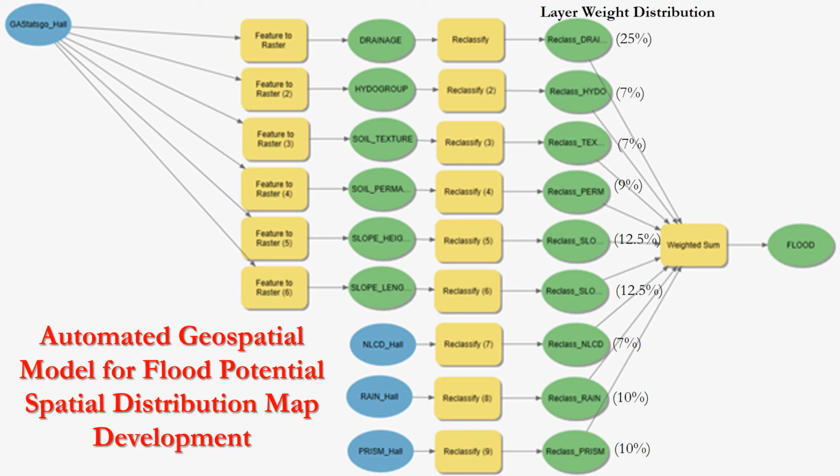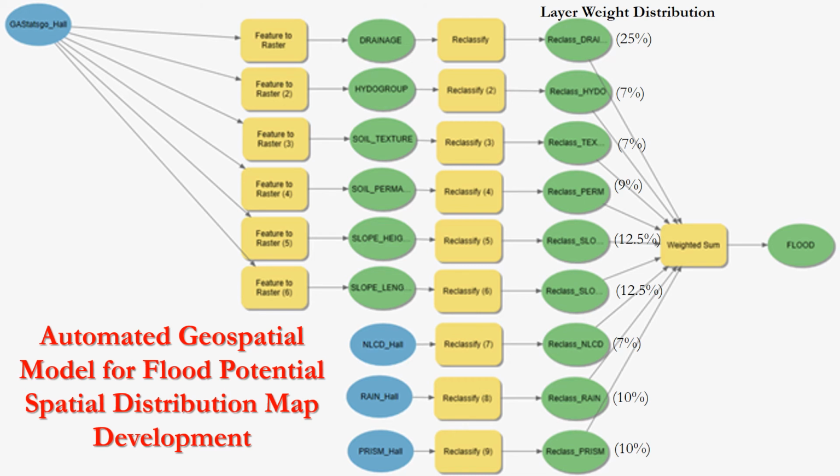So your STATSGO data created 6 rasters, and we reclassified those rasters based on their potential, which we discussed earlier. The NLCD, rainfall intensity, and precipitation distribution rasters were reclassified, which we already explained, based on their potential for flooding.